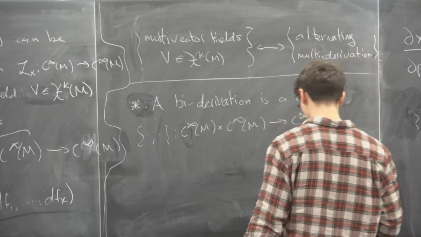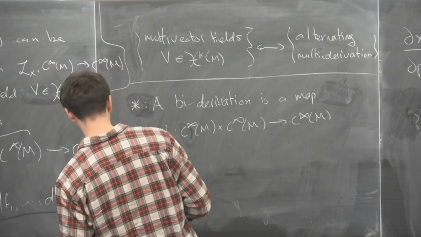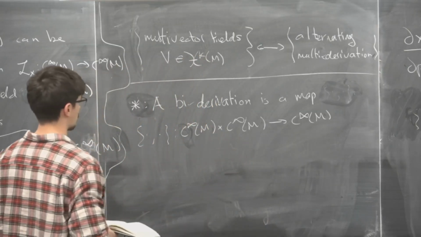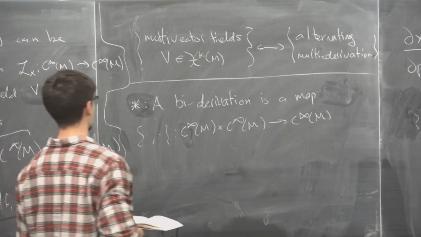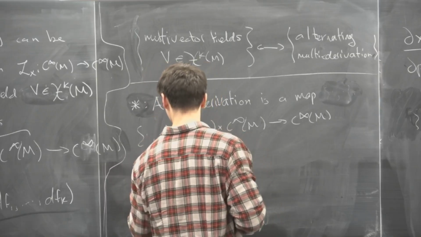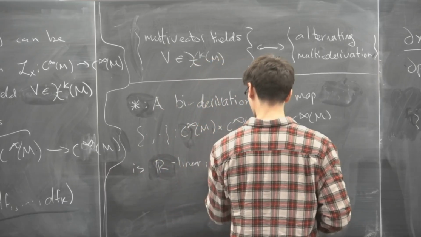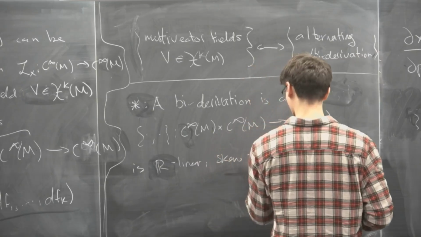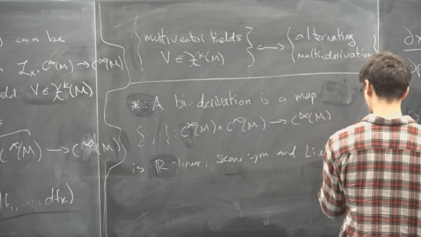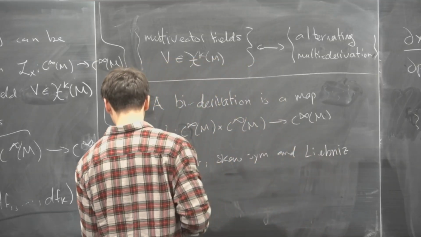It has a corresponding bivector, which is R linear, skew symmetric, and Leibniz, which is almost a Poisson bracket. It's almost exactly what we need. But we don't know yet if it's Jacobi.